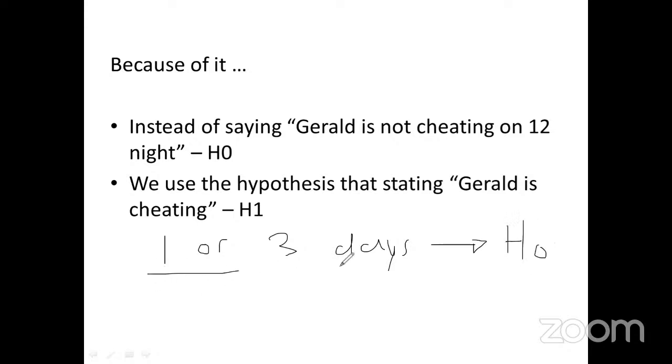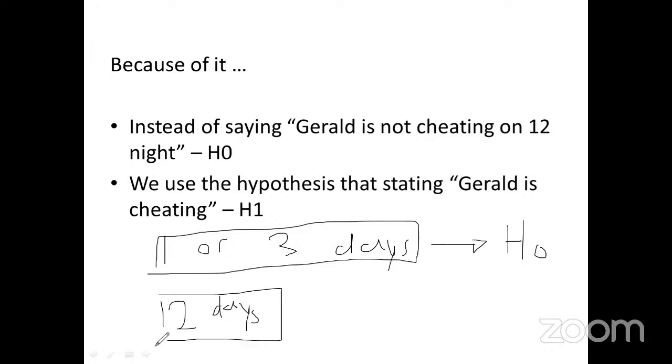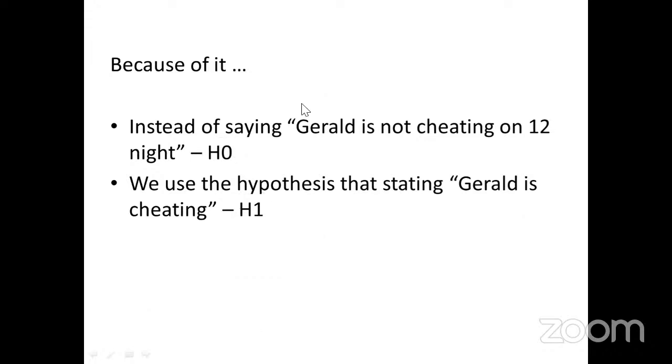But if he doesn't get picked for 12 days, this is a problem, and we use this hypothesis instead, because the chance that he is cheating is bigger. So we use another hypothesis.